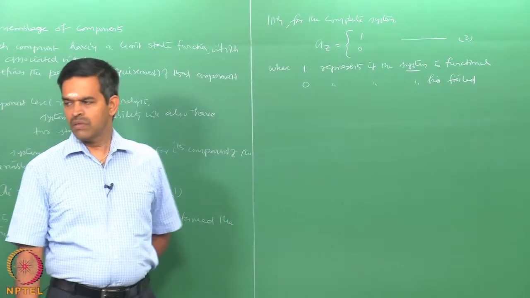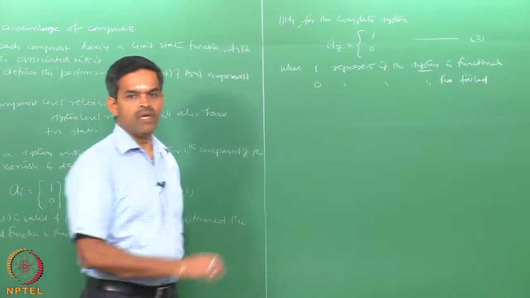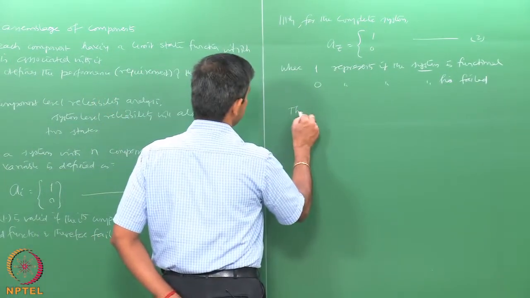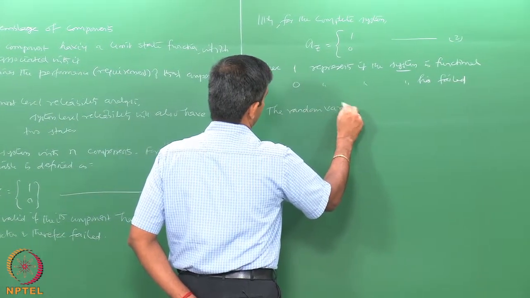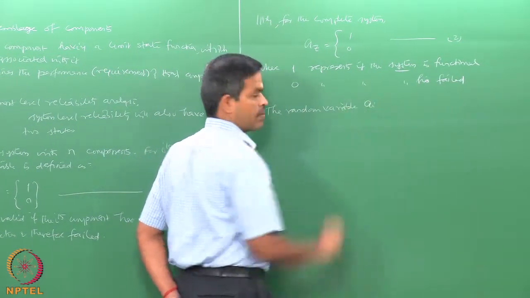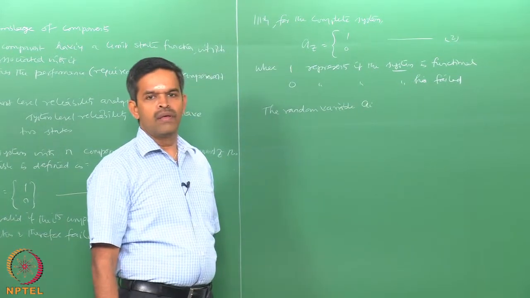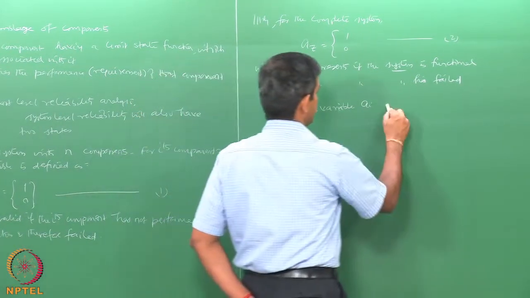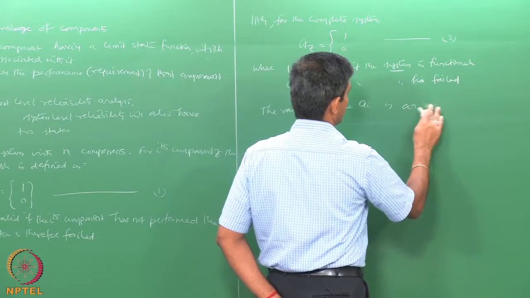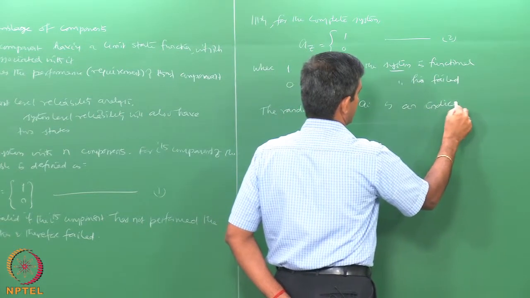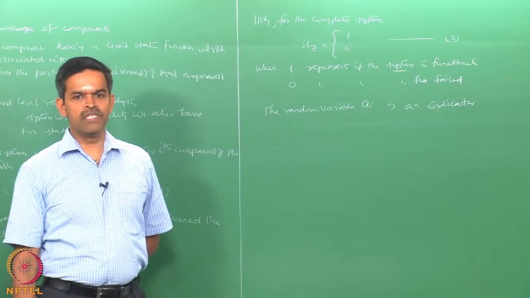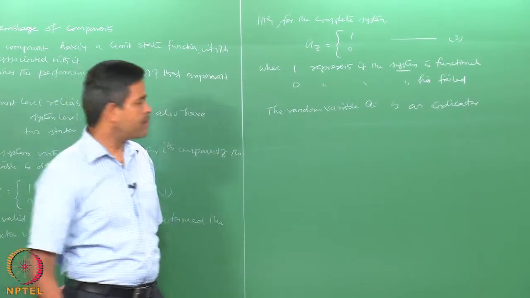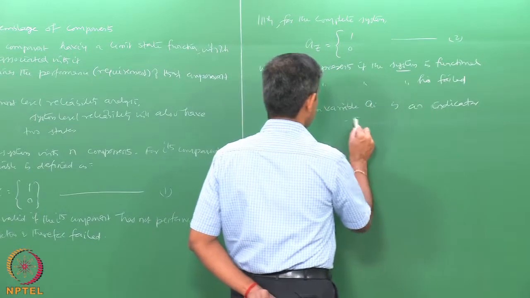In the whole discussion, the random variable A_i is actually an indicator. This indicator specifies the performance state of the ith component.